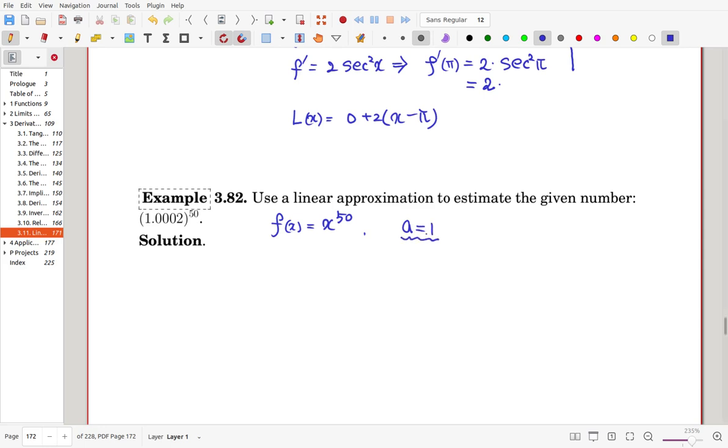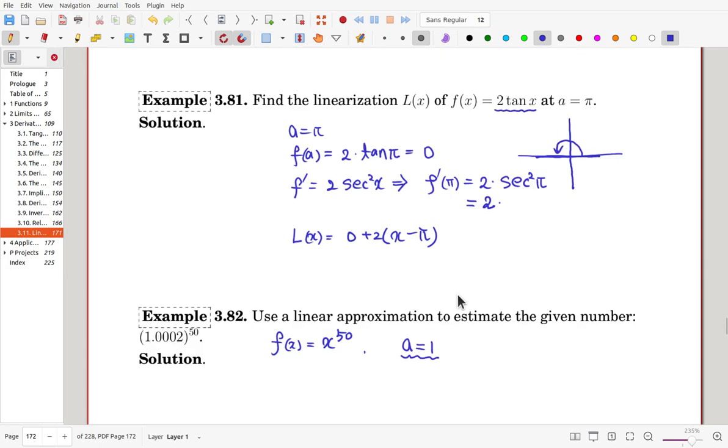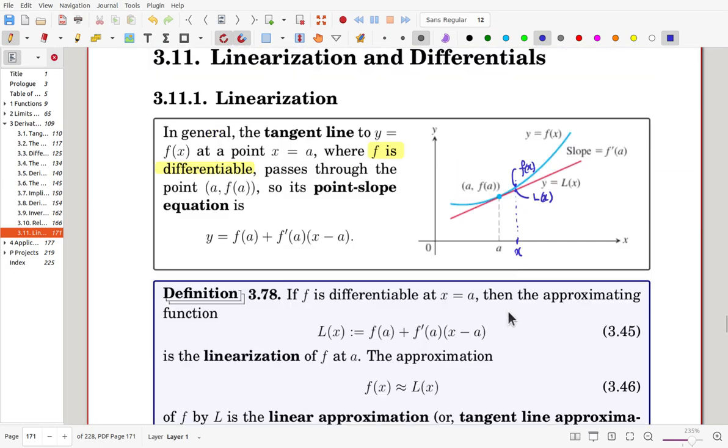We make the approximation centered at 1, and with a small perturbation of 0.002, you can get a really good approximation. If we go back to the picture, a is 1, x is 1.002, and rather than f(x), we are trying to find L(x) to approximate f(x).